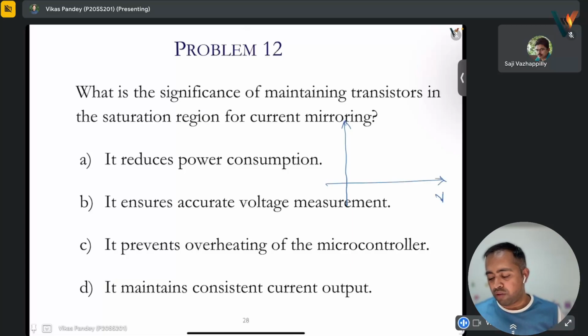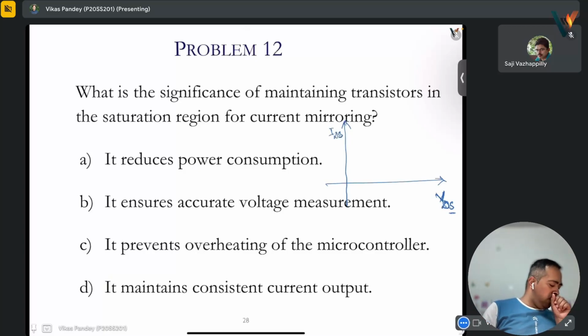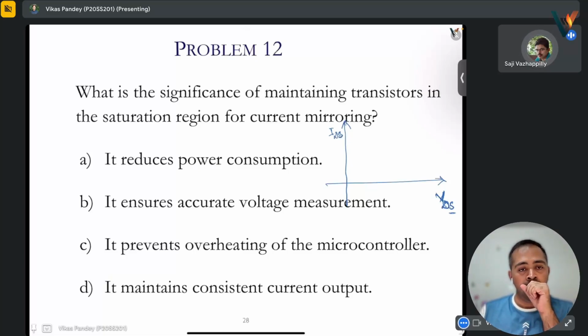If you put a voltage between drain and source, Vds, meaning we are measuring the drain voltage with respect to source, then we get Ids. So I think the answer is to ensure consistent current output.